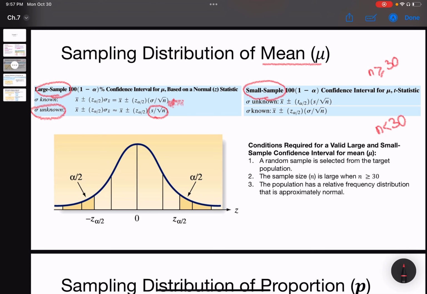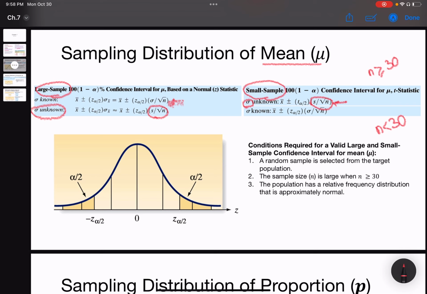Also, when sigma is unknown, we can again simply calculate using s over square root of n. Here we can use this formula under three conditions.